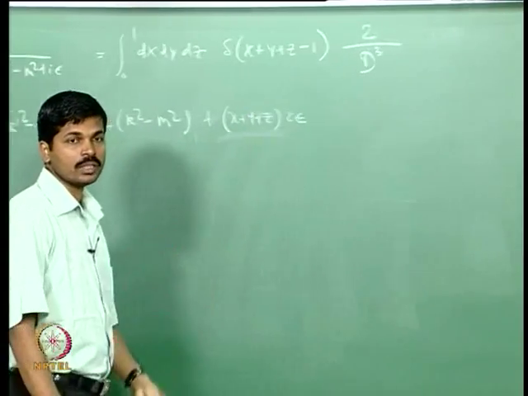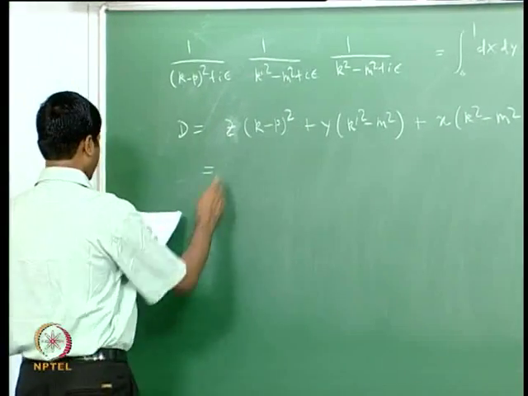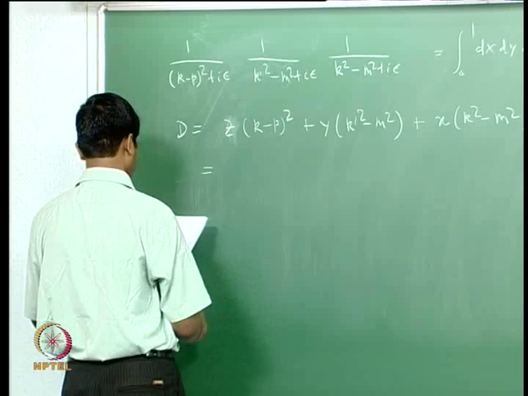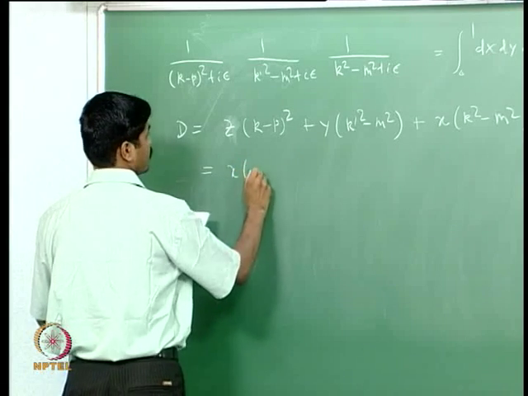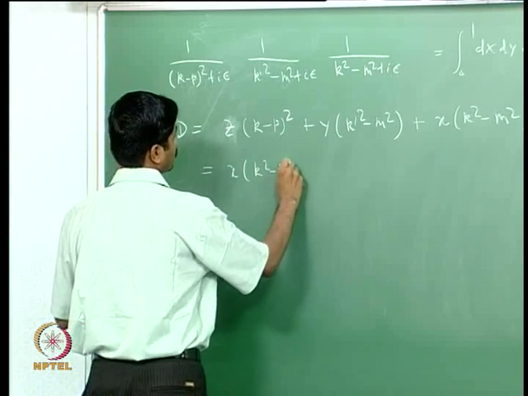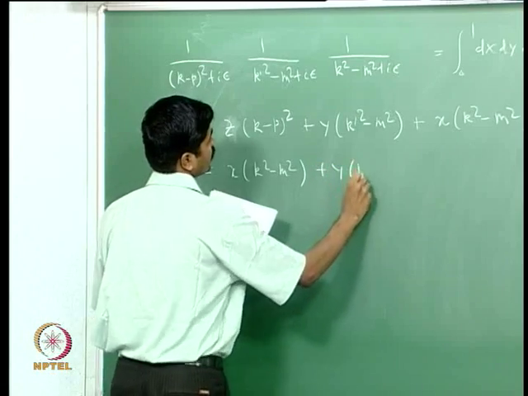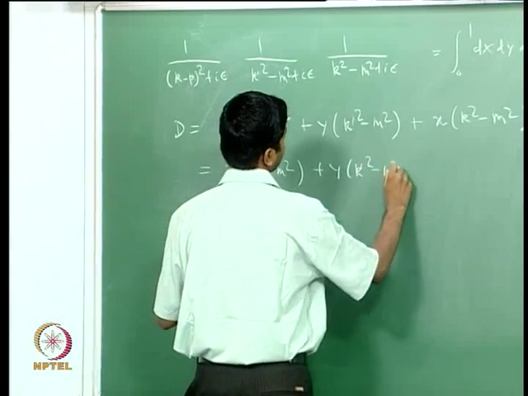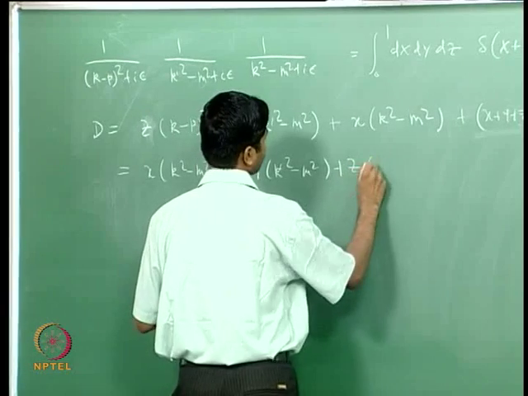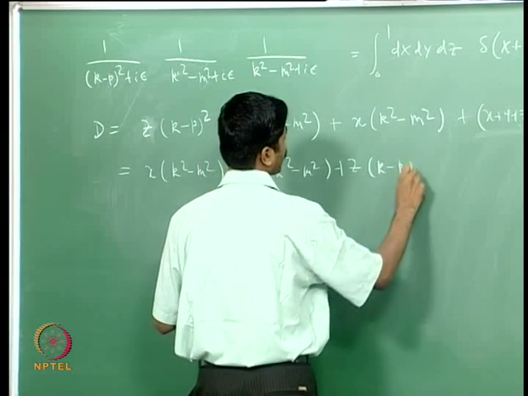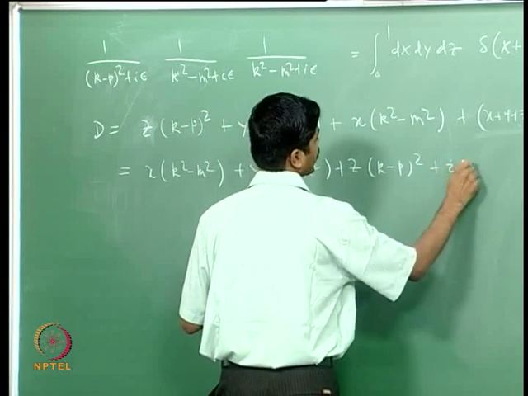Okay. So therefore, this quantity I can write as x times k square minus m square plus y times k prime square minus m square plus z times k minus p whole square plus i epsilon.